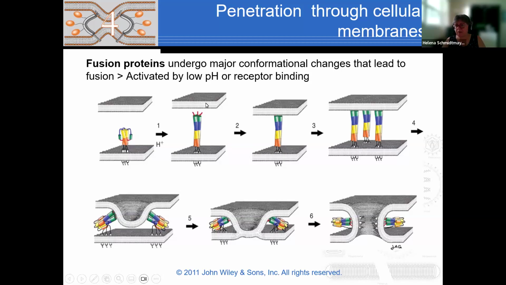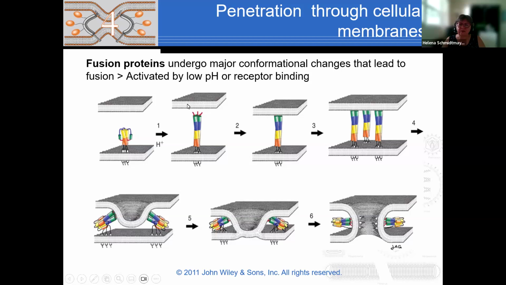This can happen also in the plasma membrane, but in plasma membranes, the fusion is pH independent. Only in most viruses which enter via endocytosis is the fusion pH dependent.